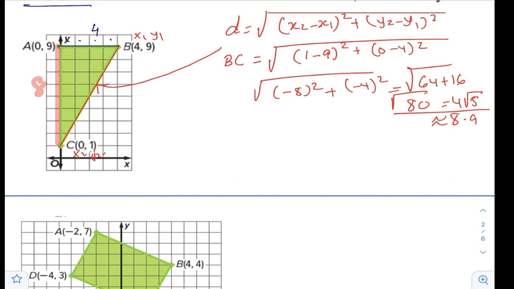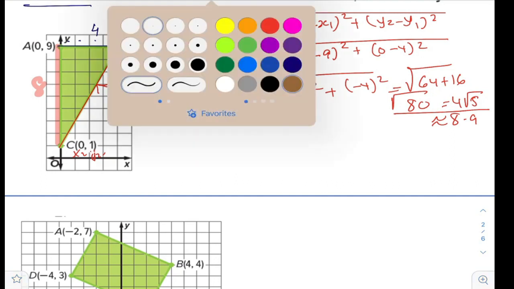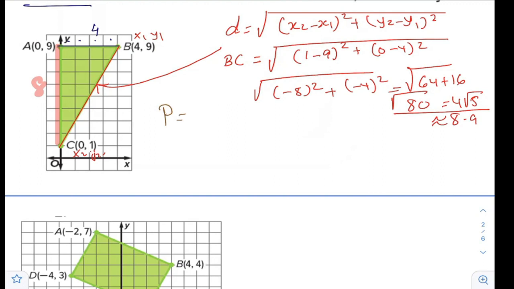So for the perimeter now, I will write the perimeter is the sum of the sides, 4 plus 8 plus the square root of 80. So you can add and it will give you 20.9 centimeters, of course, because every square represents 1 centimeter.